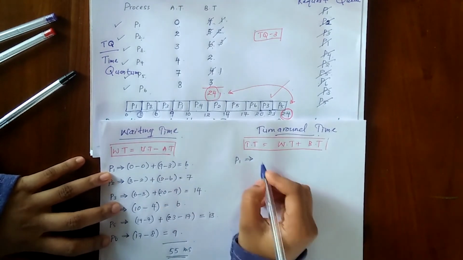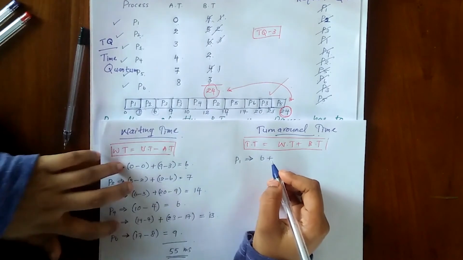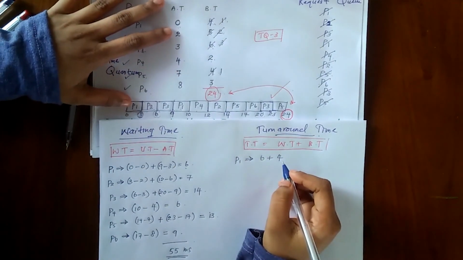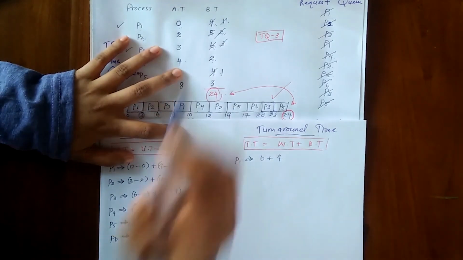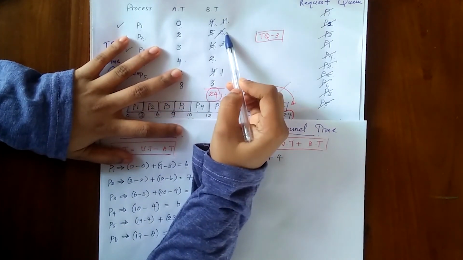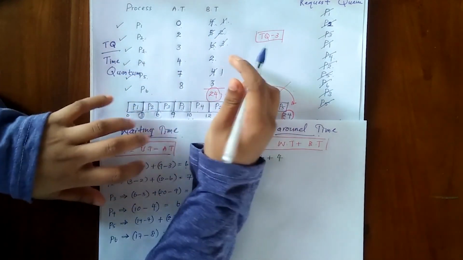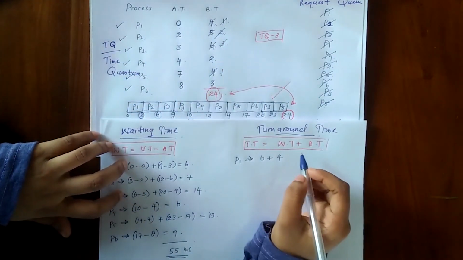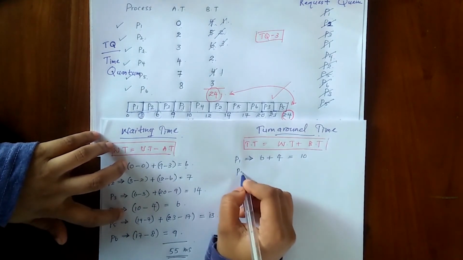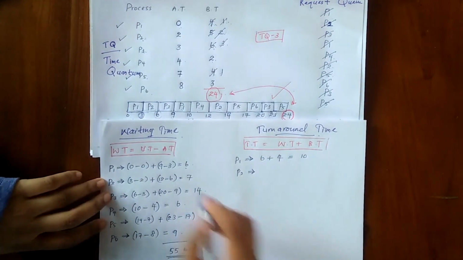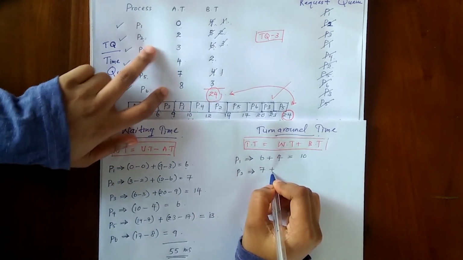P1 it is 6 plus burst time 4. Right, so when writing the burst time, you don't need to write those second values. We have to write the original value given in the question, right?